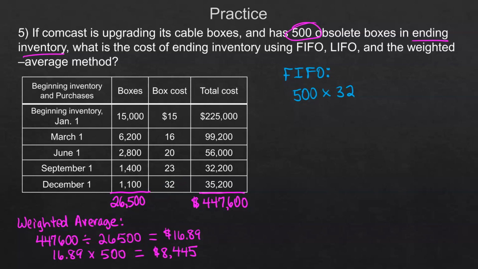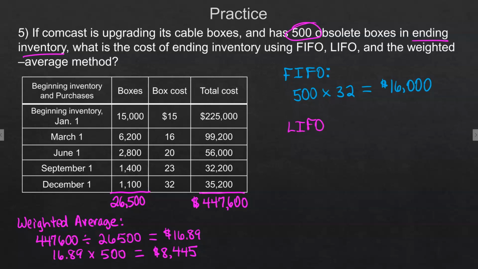So first in, first out, just think opposite. I'm going to go to the bottom of the chart, and that would be a total of 16,000. Now notice those boxes are quite a bit more expensive, and that's the difference in the cost of the ending inventory, because there's quite a bit of difference in the cost of the boxes in the first place.